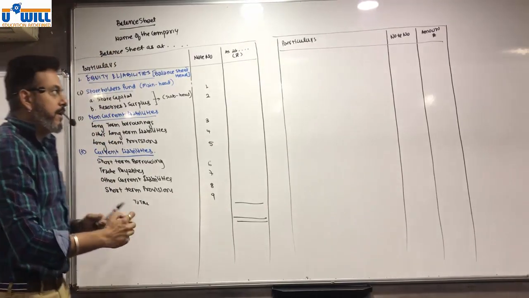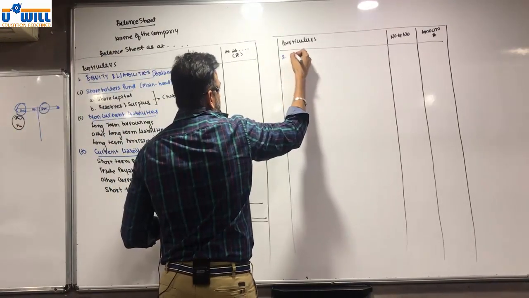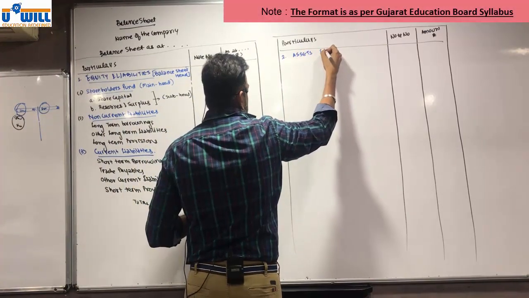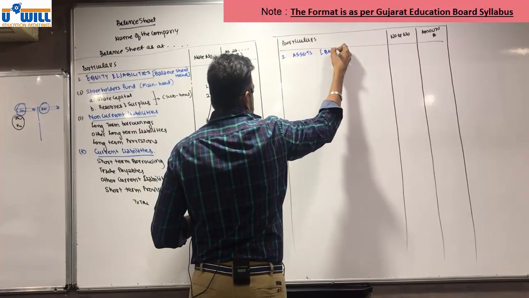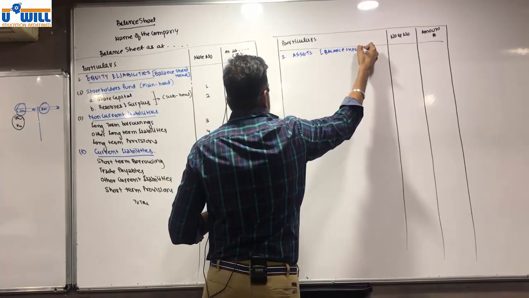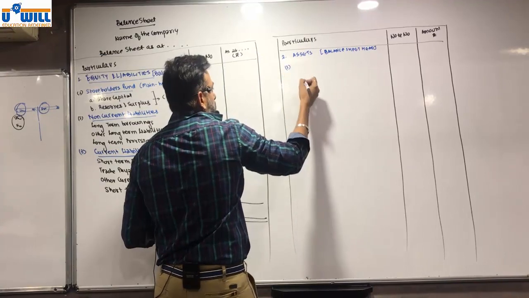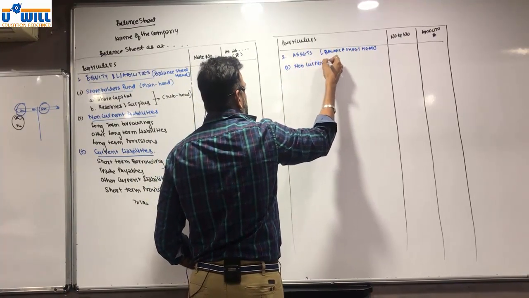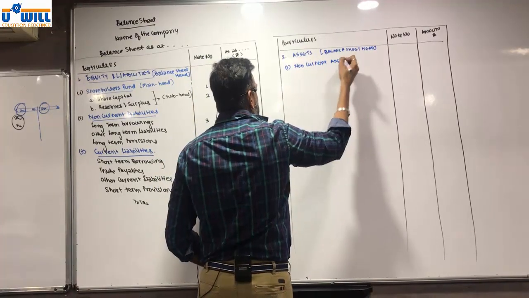We go to assets. Second, assets. Now this is again a balance sheet head. Point number 1, non-current assets.